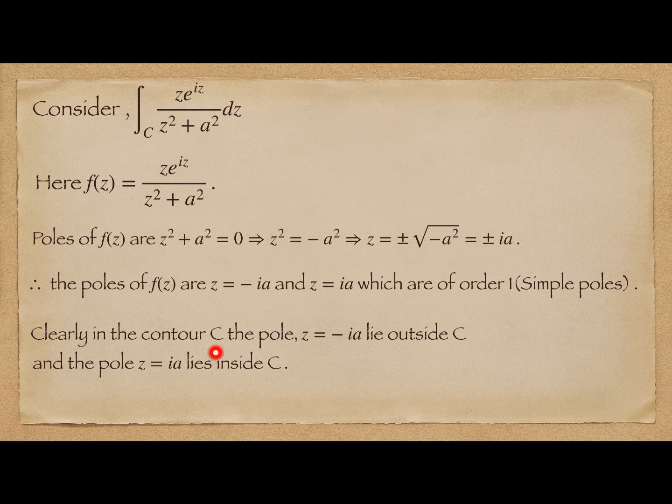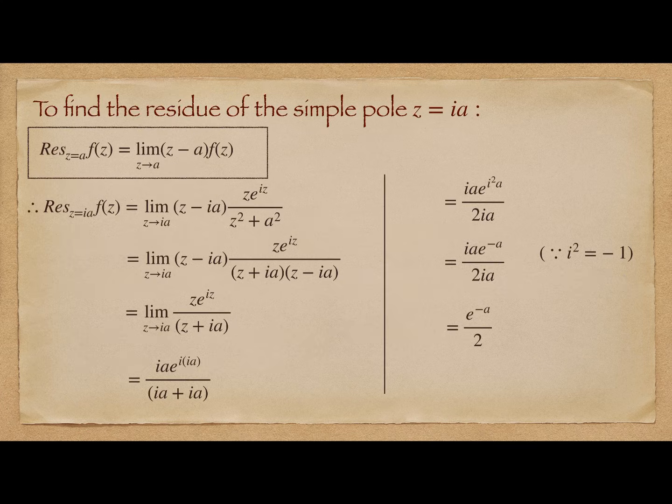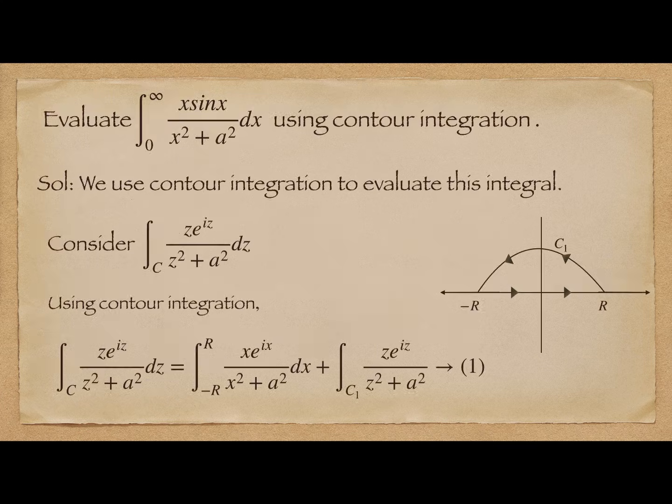So clearly in this contour C, the pole z equals minus ia lies outside C, and the pole z equals ia lies inside C. How is that? You can see here, this is your imaginary axis, and this is your real axis. In this we have z equals minus ia and z equals plus ia. z equals plus ia lies on the imaginary axis, so this is clearly inside the contour.